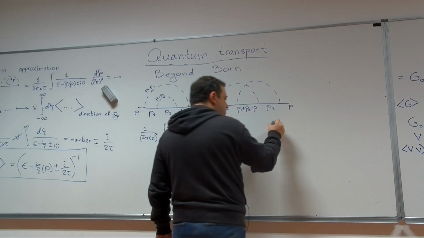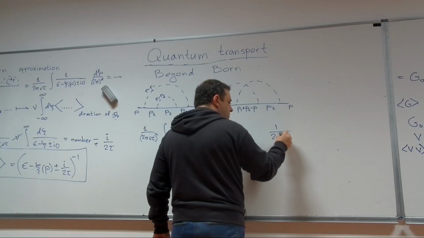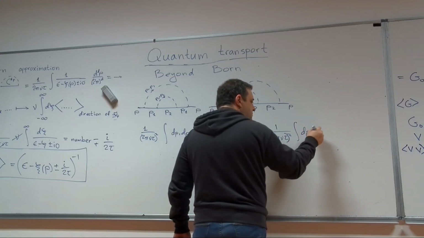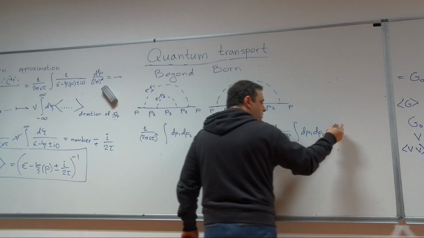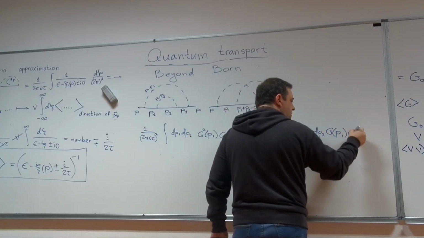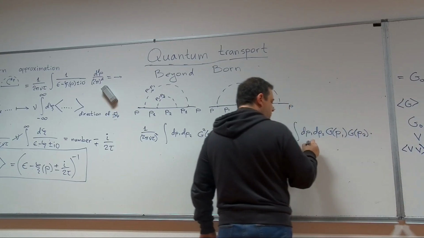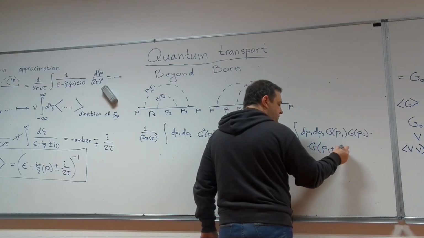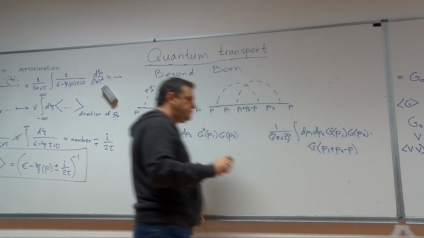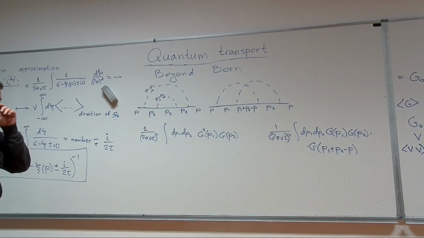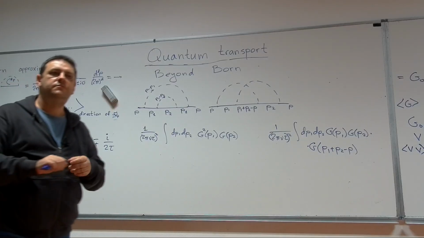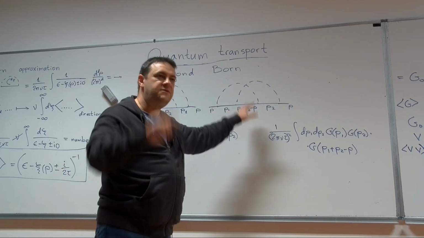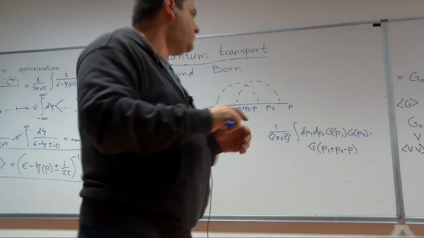And the other diagram, also 1 over 2 pi nu tau squared, integral dp1, dp2, g of p1, g of p2, and g of this, p1 plus p2 minus p. This one is independent of the external momentum. This one is dependent on it. It does depend on the external momentum.